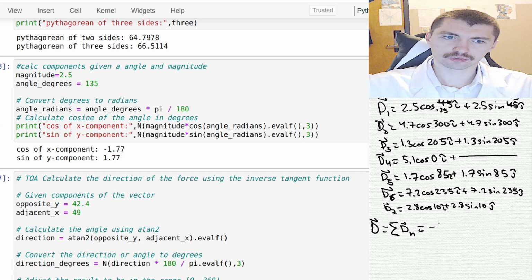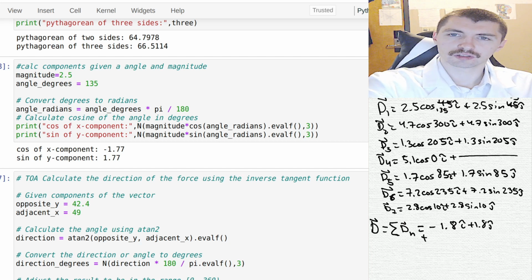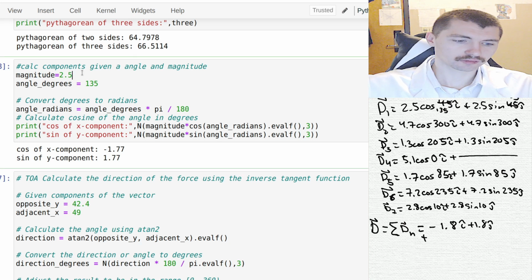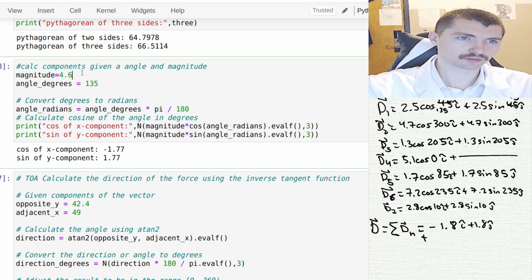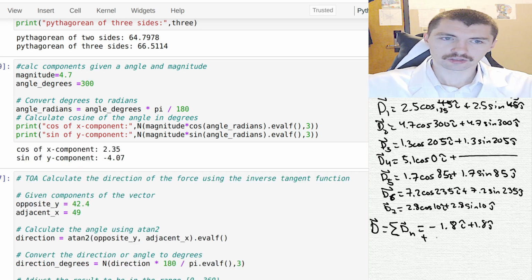So negative 1.8. Okay. 4.7, 300 degrees. 2.3, 2.4.